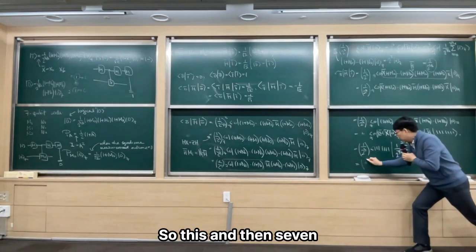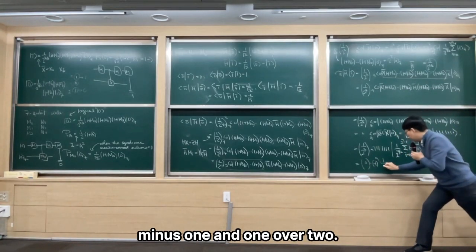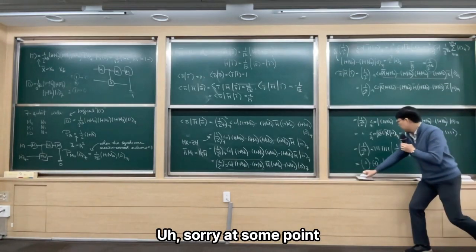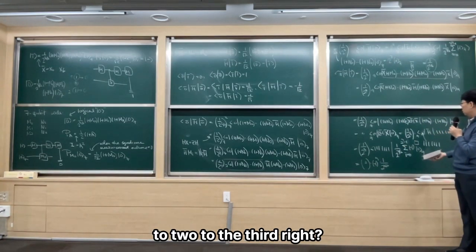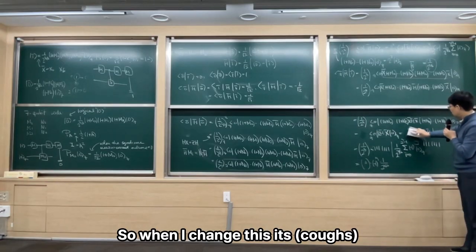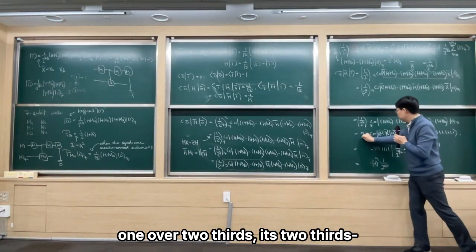So this, and then 7 minus 1, and 1 over 2. Sorry, at some point I need to change it to 2 to the third, right? So when I change this, it's 1 over 2 thirds, it's 2 thirds.